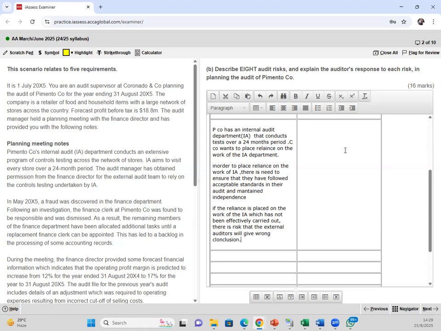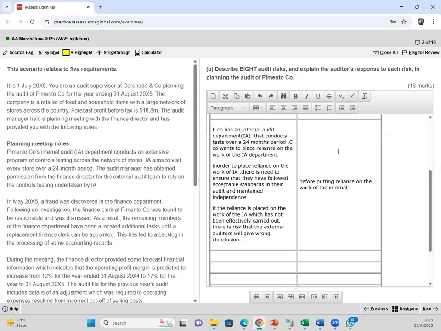What then should we do? So in this case, before putting reliance on the work of the internal auditor, you're asking yourself, should I compare? Is there anything that I should inquire? Should I inspect?